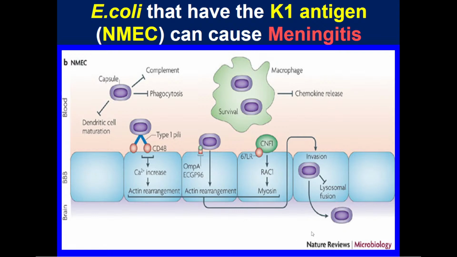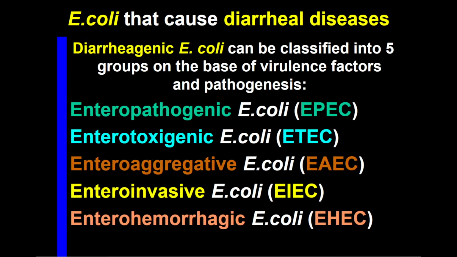So then they multiply and cause influx of the neutrophils and macrophages into the cerebrospinal fluid. So the pressure of the cerebrospinal fluid will increase. That really causes symptoms of meningitis, very severe pain and the rigidity of the neck muscles and so on.